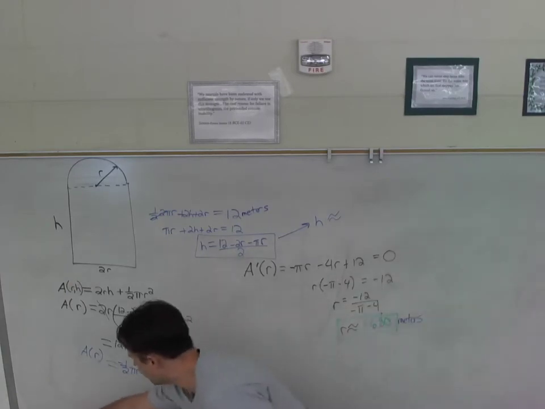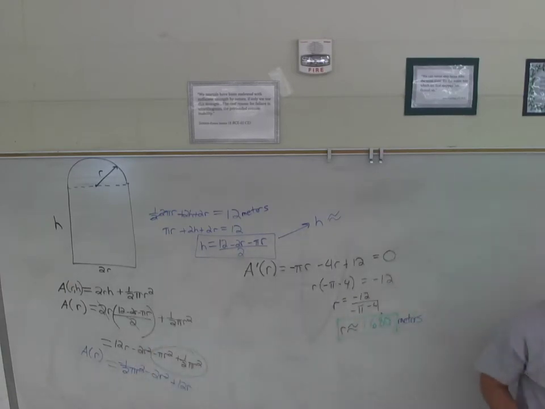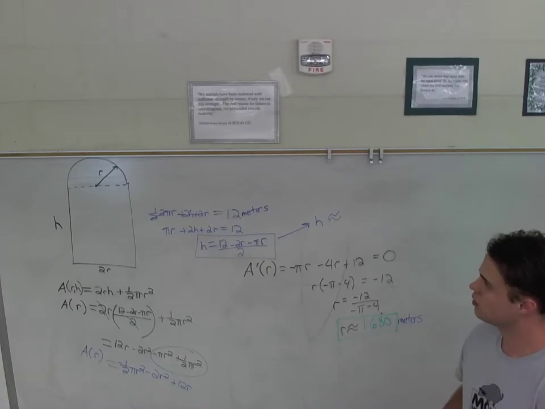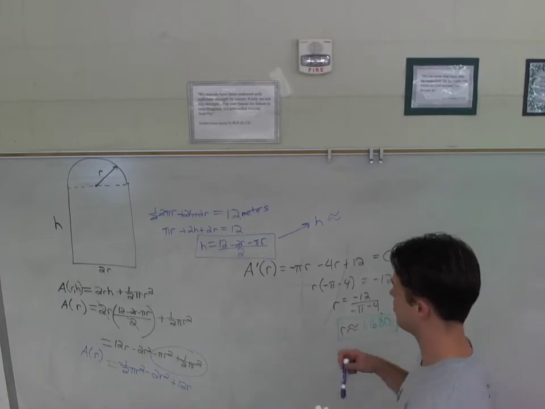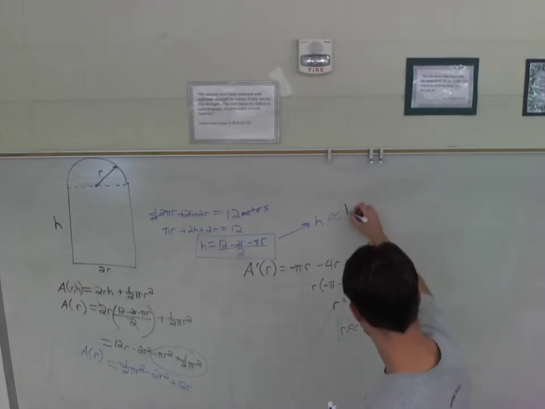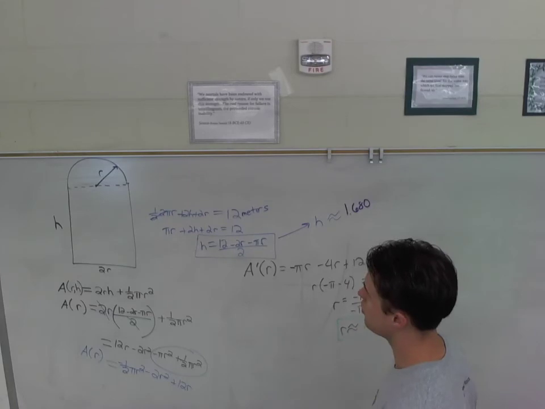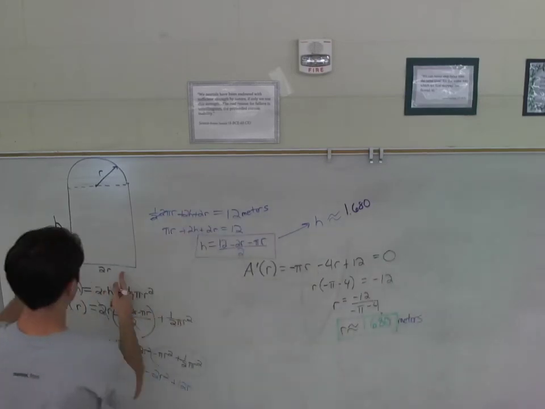What did you get, Brenda? So that makes it square. About R equals H. About 1.68, so about 1.680.